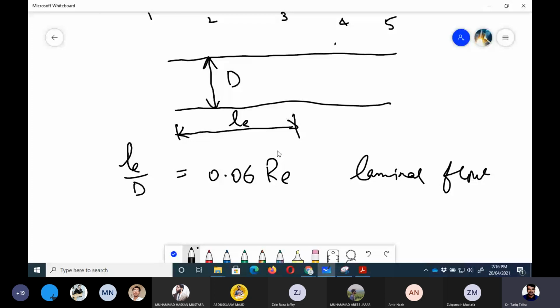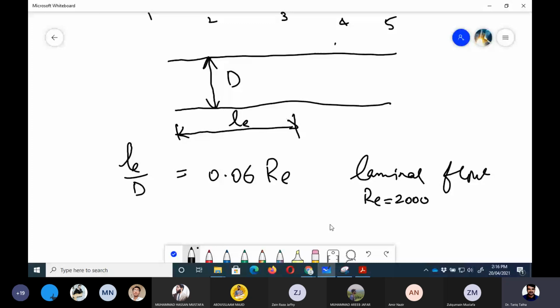But if the Reynolds number is like 2000, which is still in the laminar range, then LE would be 2000 into 0.06 into a diameter of 1 meter. We have taken 1 meter, so it would be 120 meters.